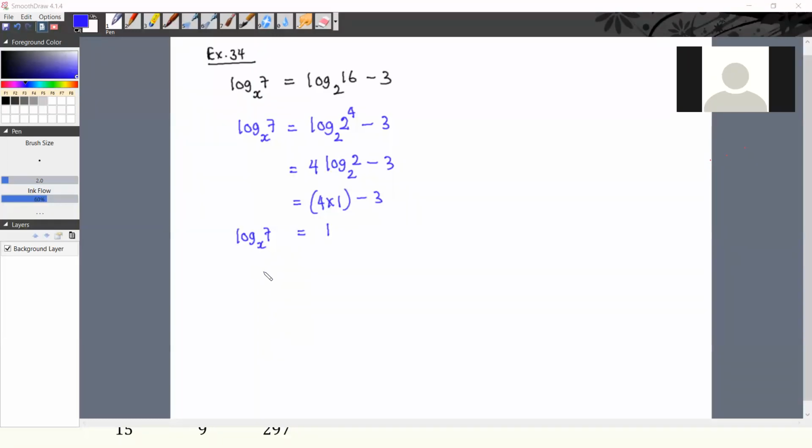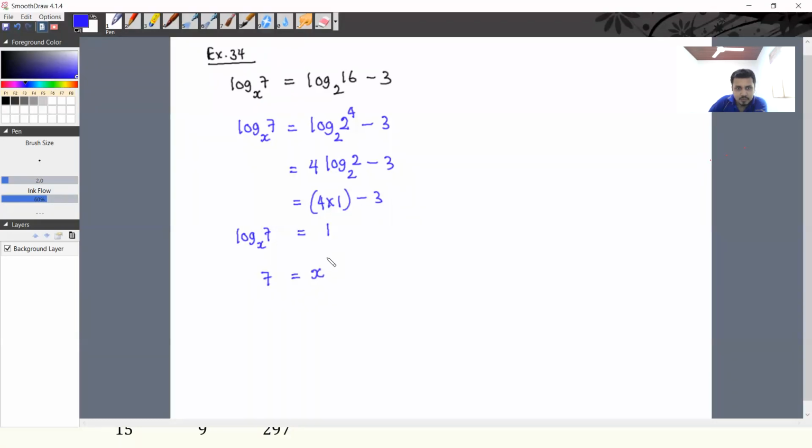Then it means 7 equals x to the power 1. X to the power 1 means x. So x equals 7. The answer for example number 34 is 7. X equals 7.